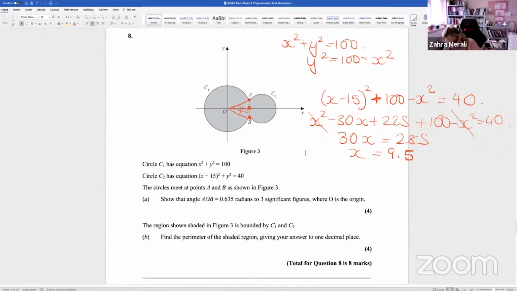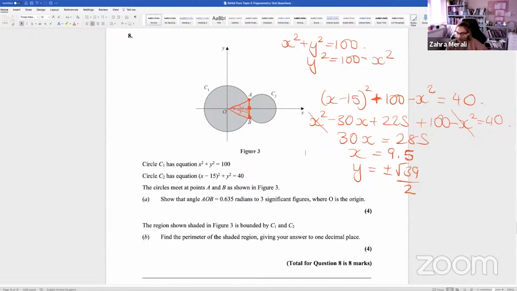And our y coordinates are going to be plus and minus the same thing. We can plug it into the first one. And we're going to get y equals the square root of 100 minus 9.5 squared, and we get plus and minus root 39 over 2.